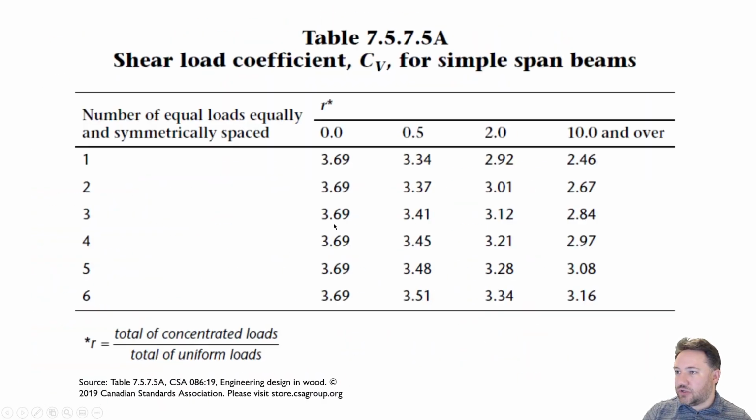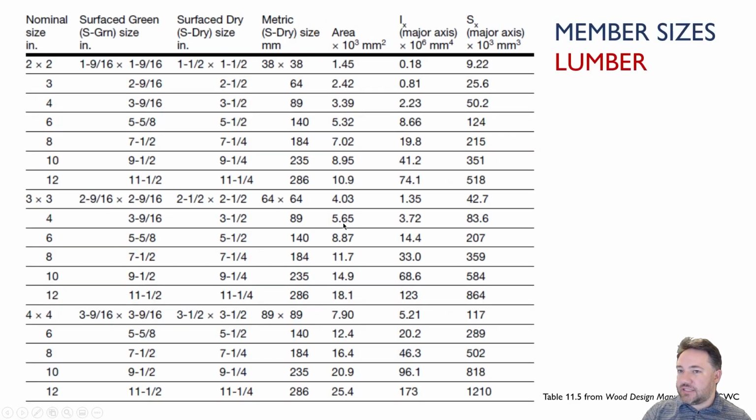You will recall these tables in Table 11.5 from the wood design manual, and we can get the nominal sizes. 2 by 12 is a 38 by 286, and in this table as well, you can see our S, which we're going to need in a minute, 518 times 10 to the 3 millimeters cubed. And so that's what we're going to use, but I'll show you how to calculate that as well in a second. So 38 by 286.